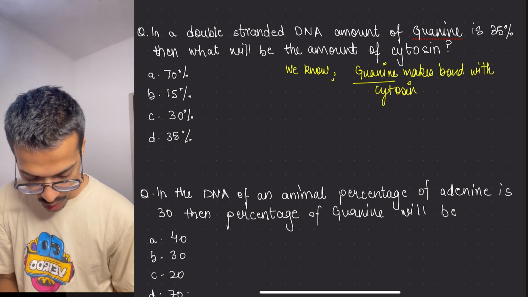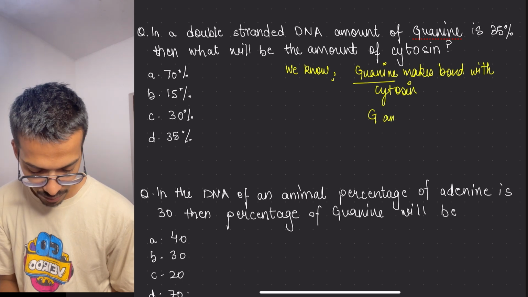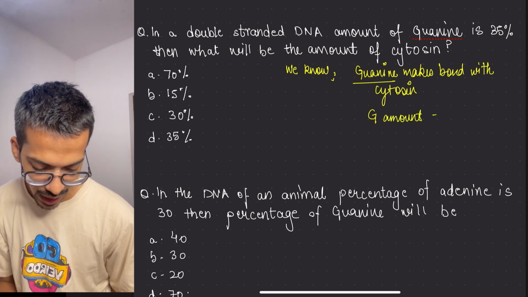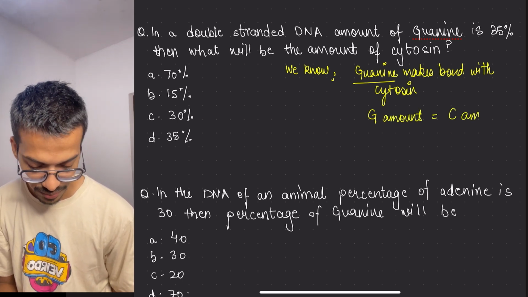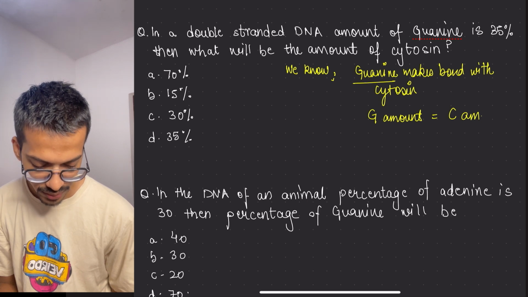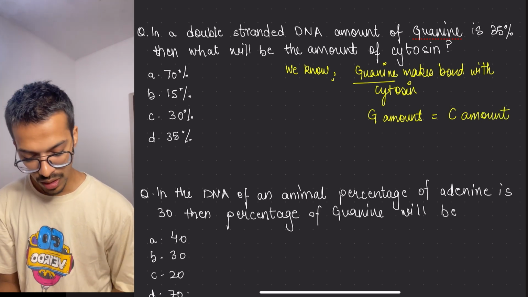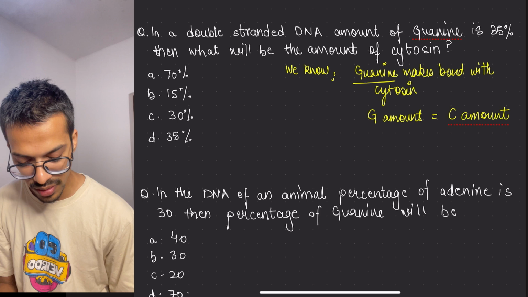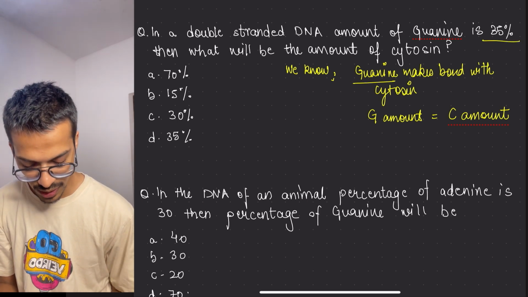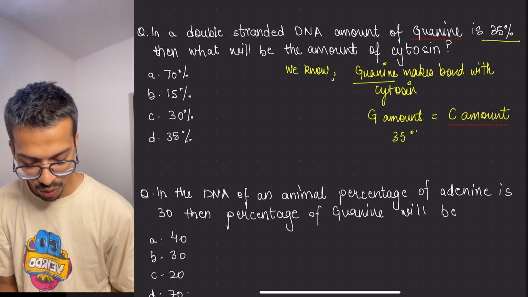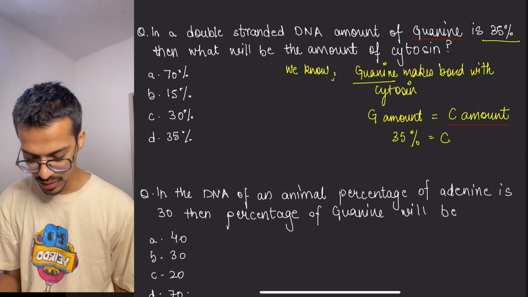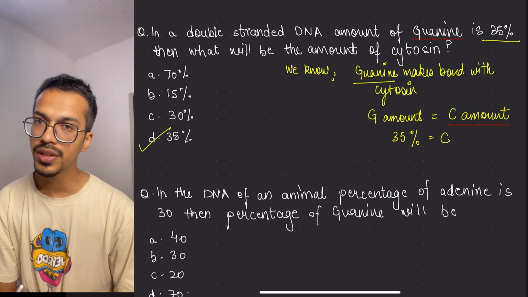So guanine amount will be equal to cytosine amount, right? How much is guanine? Guanine is given as 35%. So C is also 35%. So the answer would be option D.